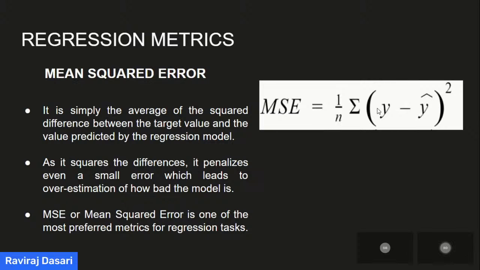This is called y hat, which is the prediction. So this y hat should be as close as possible to y. Then your MSE will be less. The lower the MSE, the better the model. The higher the MSE, the worse the model. You have to keep experimenting and make the model better.